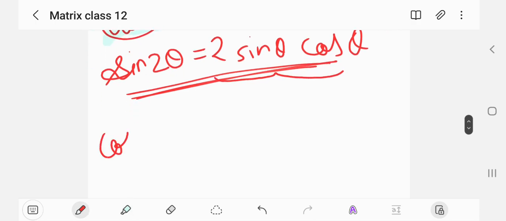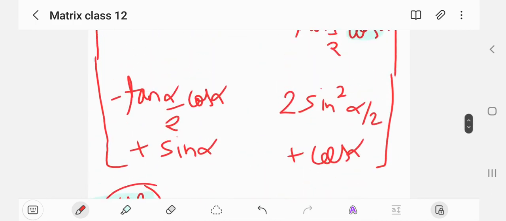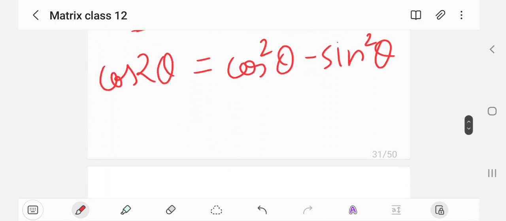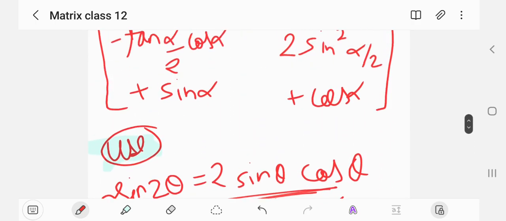We know that cos 2 theta is equal to cos square theta minus sin square theta. Can we use this formula here? Maybe we cannot use this formula. We also know that this is equal to 2 cos square theta minus 1, also equal to 1 minus 2 sin square theta. Now which formula can we use here?